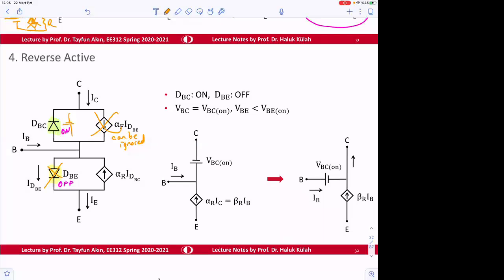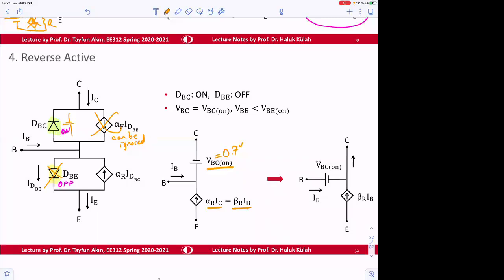Therefore, we'll have only this one, alpha R I C. But if you rearrange this, this will be beta R times I base. And the voltage here is going to be Von, and for this case, it's going to be 0.7 volts.